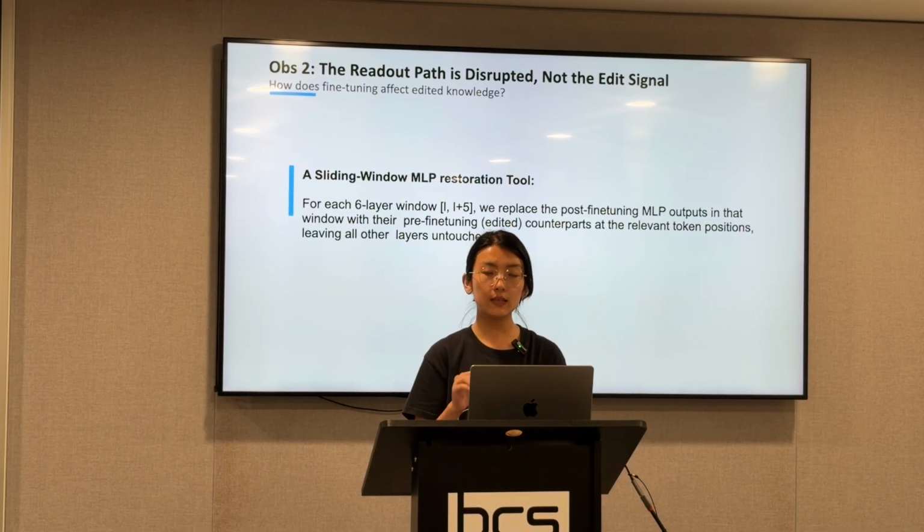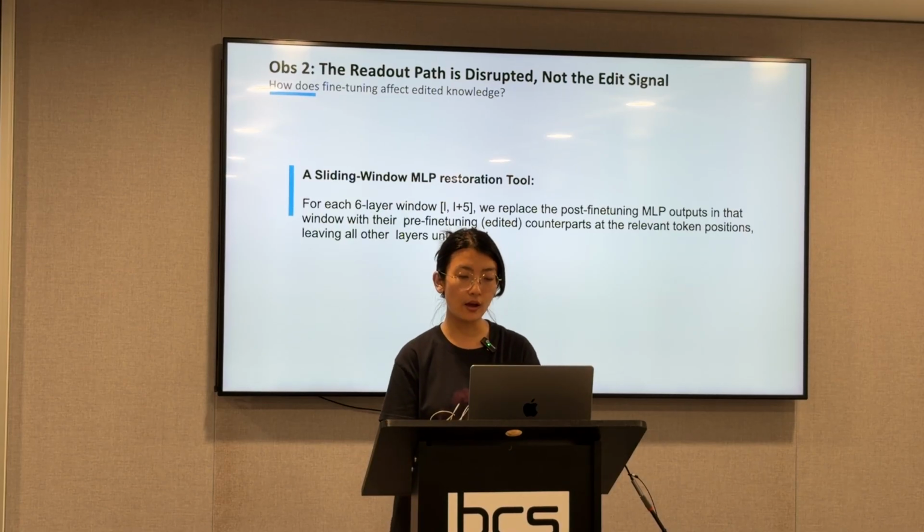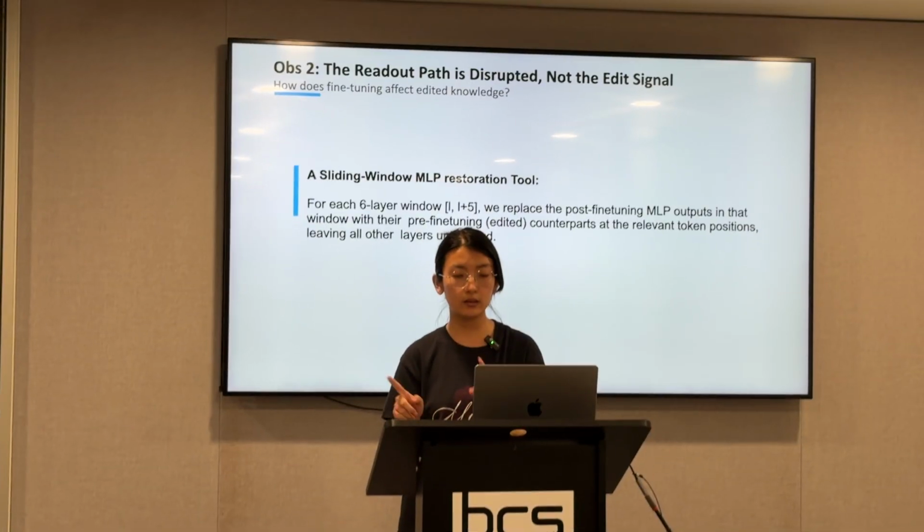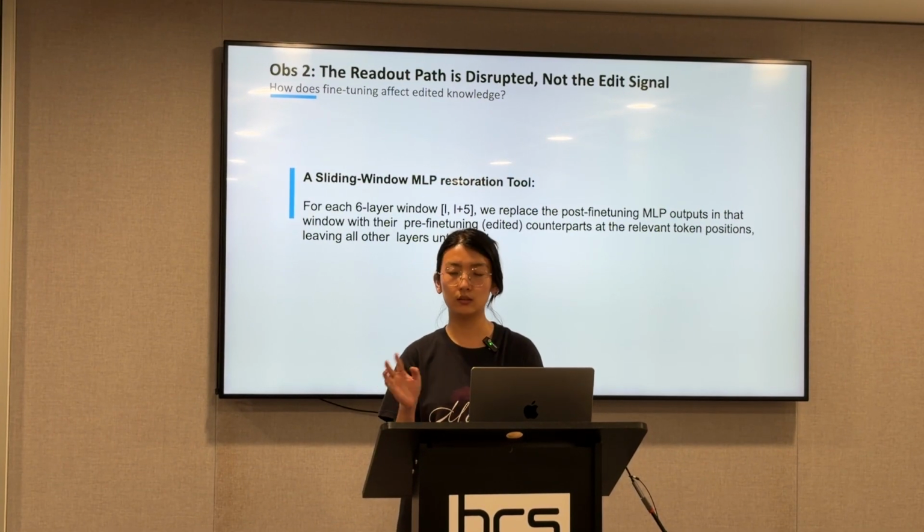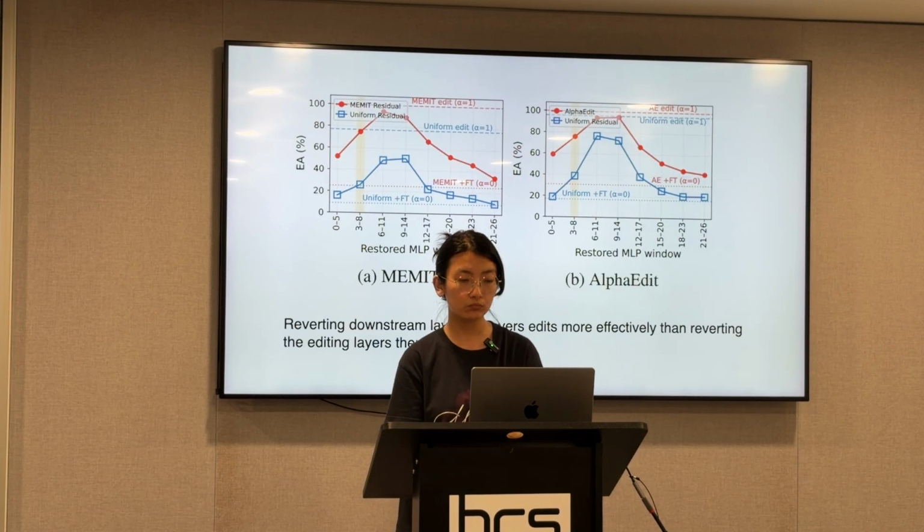For each 6-layer window from L to L plus 5, we replace the post-fine-tuning MLP outputs in that window with their pre-fine-tuning, edited counterparts at the relevant token positions, leaving all other layers untouched.